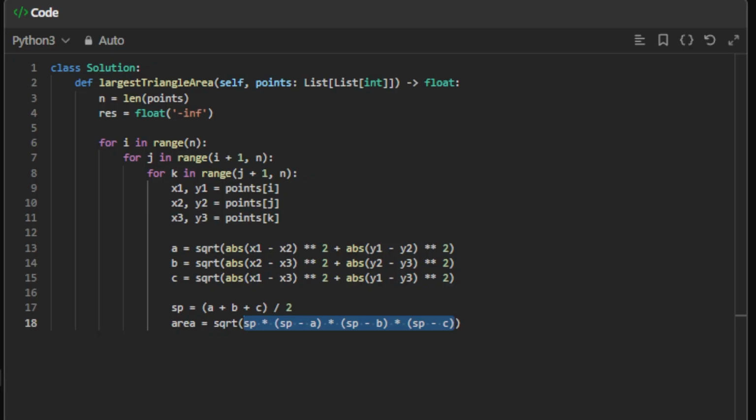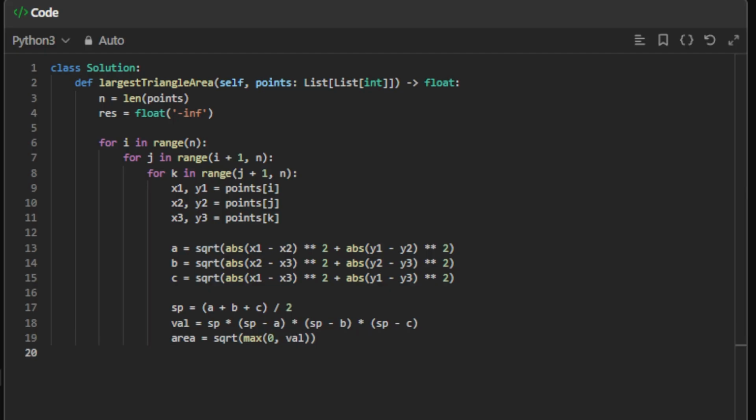So we will remove this from here, and we will store this in a variable. We'll call this value. And now for the area, we do the square root of the maximum among 0 and value.